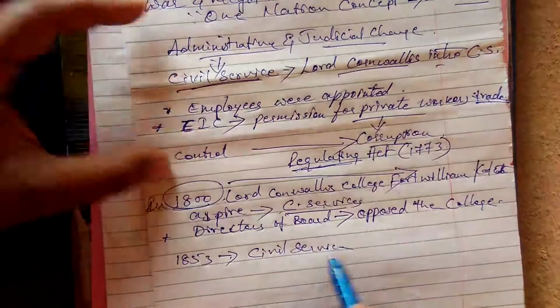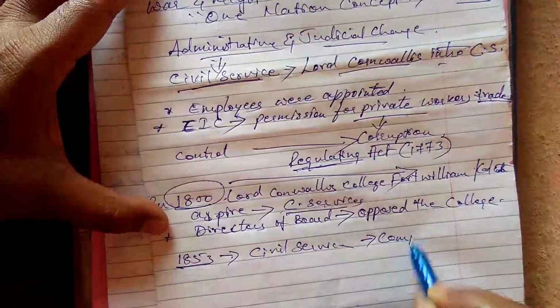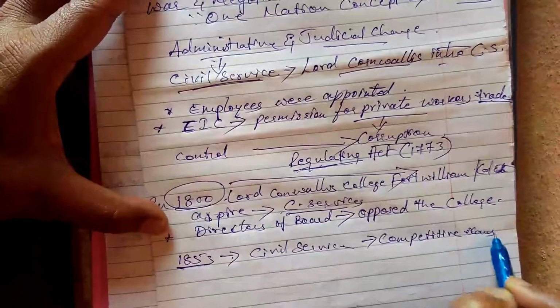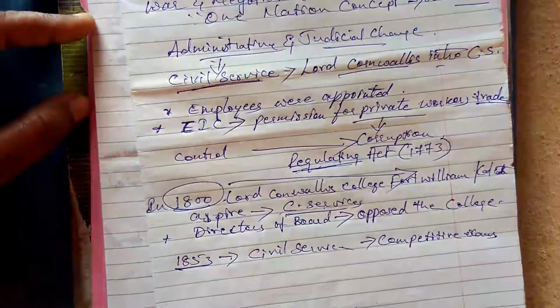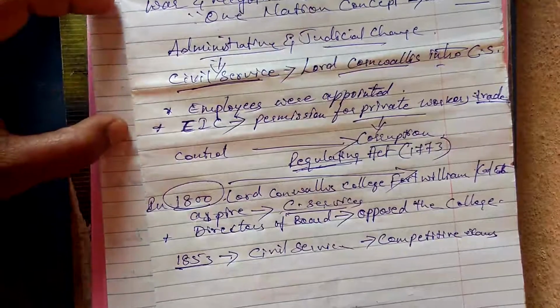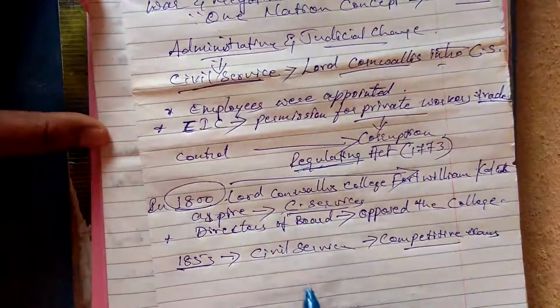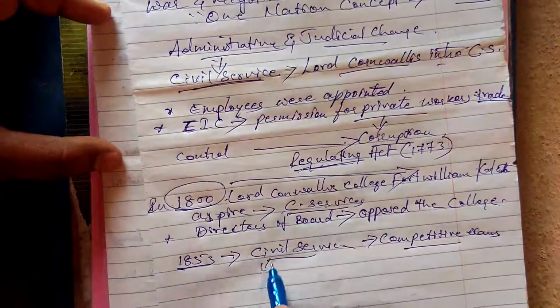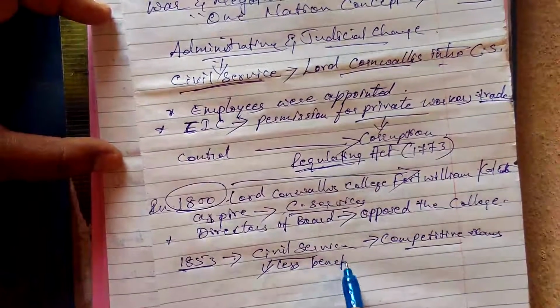From 1853, civil service appointments were made on the basis of competitive exams. But though competitive exams were introduced, the civil service exam was less beneficial for Indians.